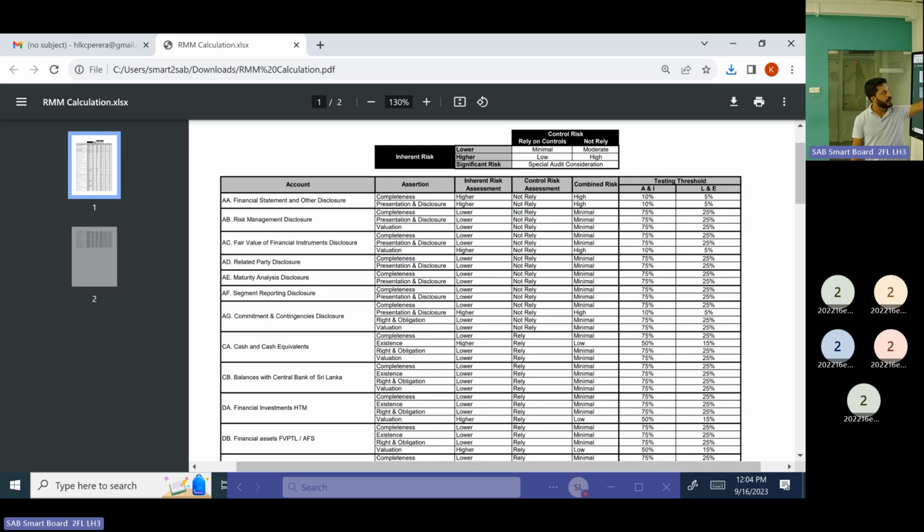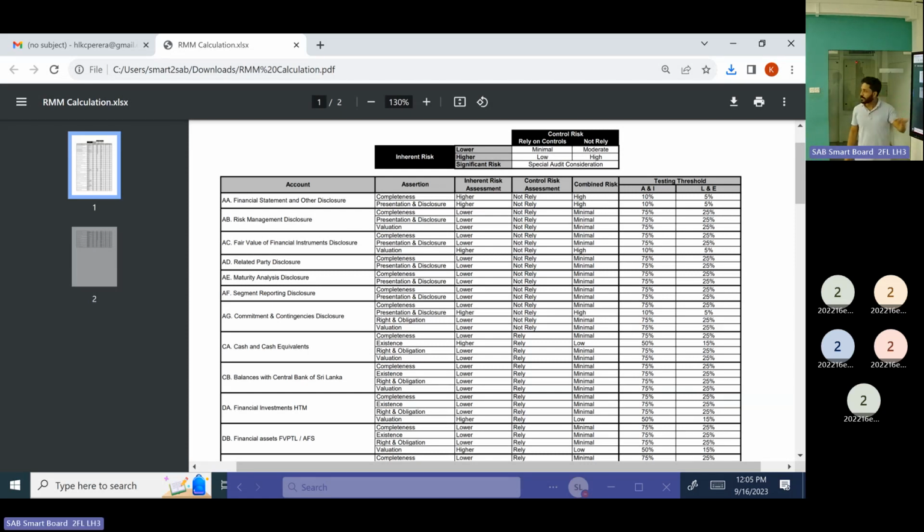You can see inherent risk higher, lower, significant. Don't consider that too much. Then reliable control and not reliable control. You can see minimal, low, moderate, high. It's a kind of risk assessment proposed according to the assertion level.